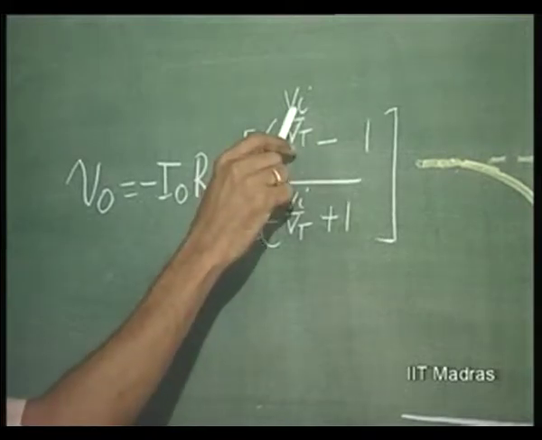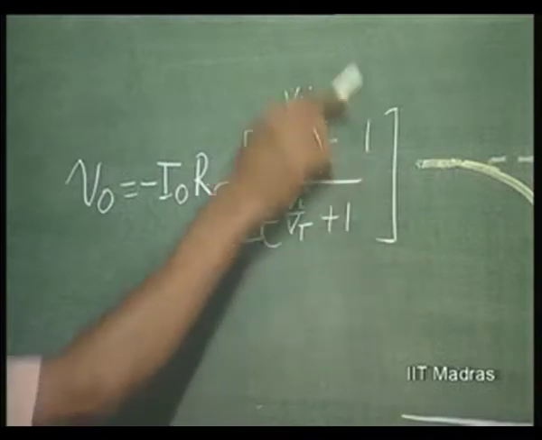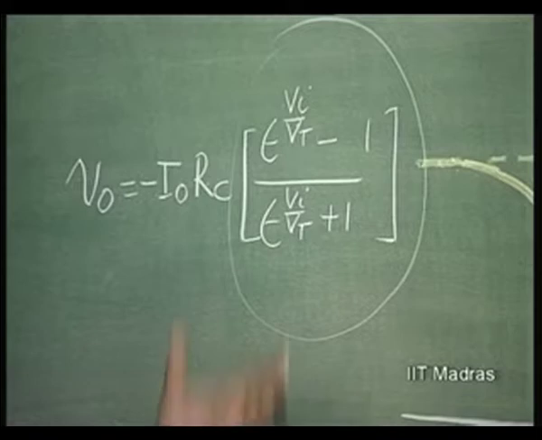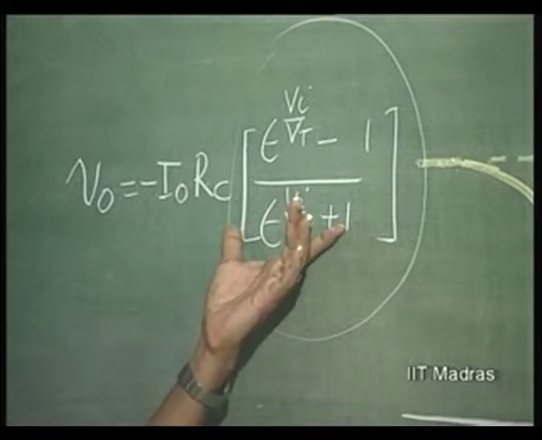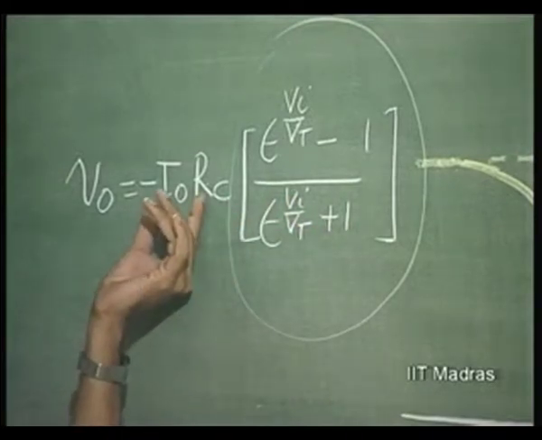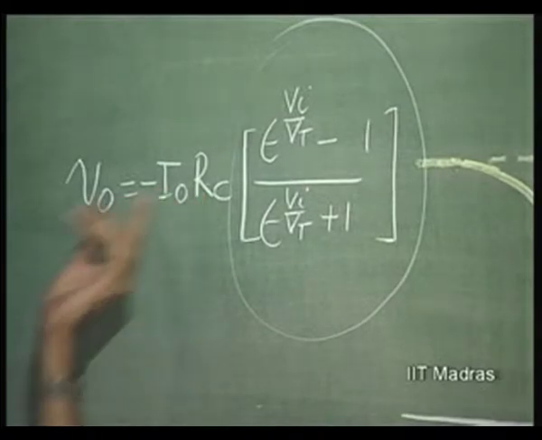For VI large positive, this 1 will become negligible and this will go to 1. So, this actually switches between plus 1 and minus 1. This is the characteristic of the hyperbolic tan function. And this goes from I naught RC to minus I naught RC, and that is the output swing of a differential amplifier.